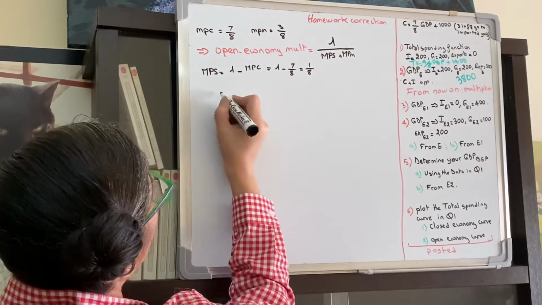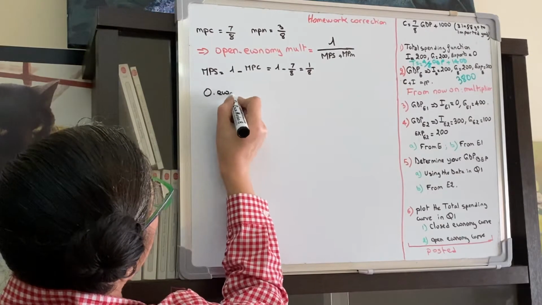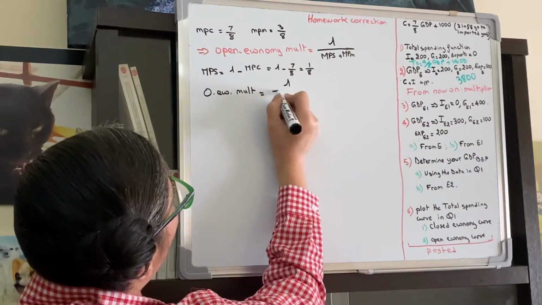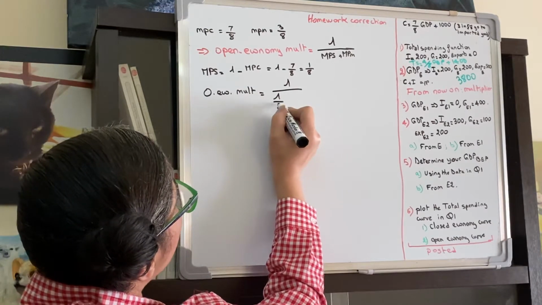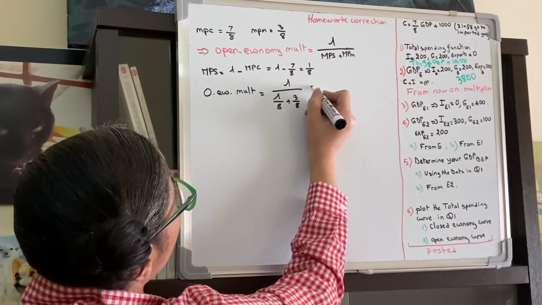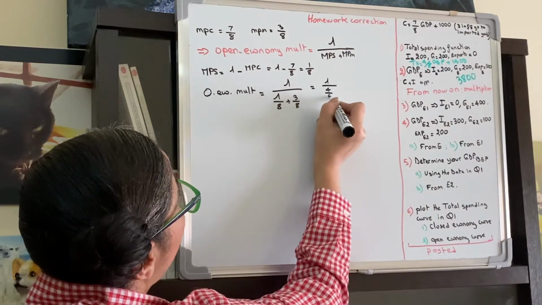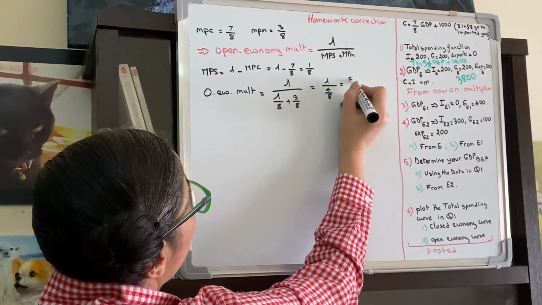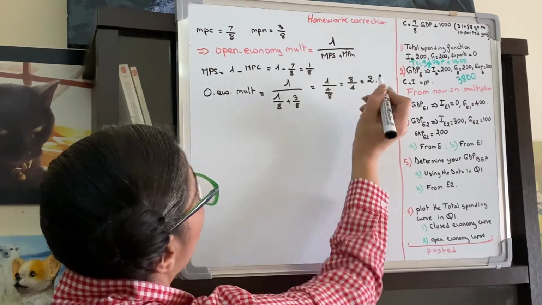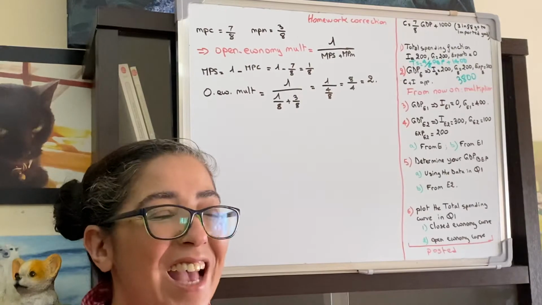So the open economy multiplier is equal to 1 over 1 over 8 plus 3 over 8, which is going to be 1 over 4 over 8, which is 8 over 4, which is equal to 2. And that's your multiplier. Okay, guys?